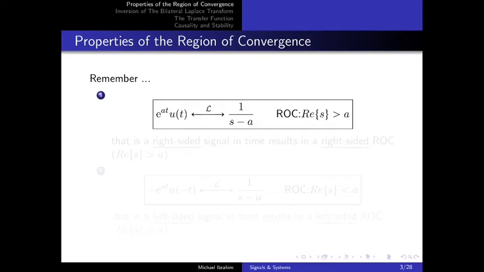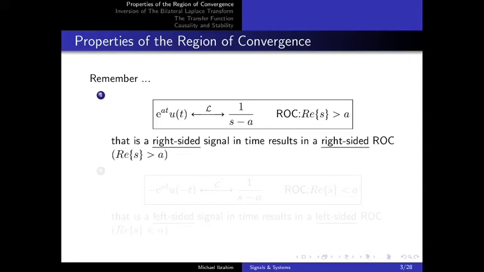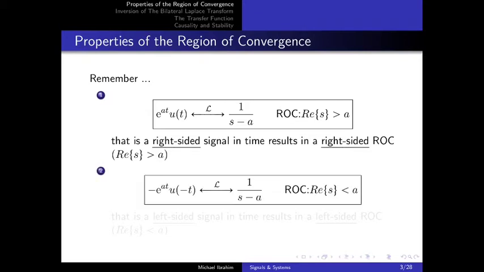So, the very first two examples we have seen in the very first lecture on the Laplace transform were like this. E to the power at u of t will have a transform 1 over s minus a, where the ROC was the real part of s larger than a. In other words, a right-sided signal will have a right-sided region of convergence. And the second example was minus e to the power at u of minus t, which is a left-sided signal, and it has a transform 1 over s minus a, but the region of convergence is real part of s less than a.